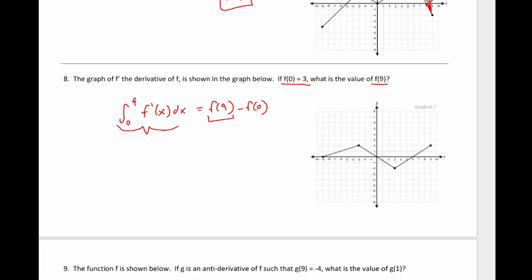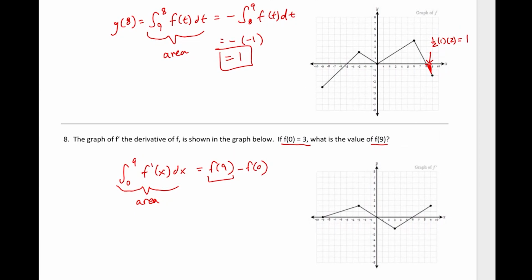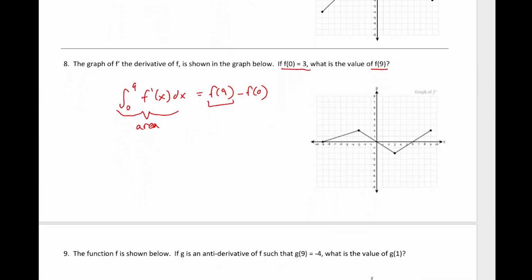Don't forget, just like on number 7, this is talking about the area between 0 and 9. We don't need to flip the boundaries, though, because they're in the correct order. So from 0 to 9 is going to be from here to here. So we have a triangle here that has a base of 6, a height of 2, 1/2 times 6 times 2. 12 divided by 2 is 6.